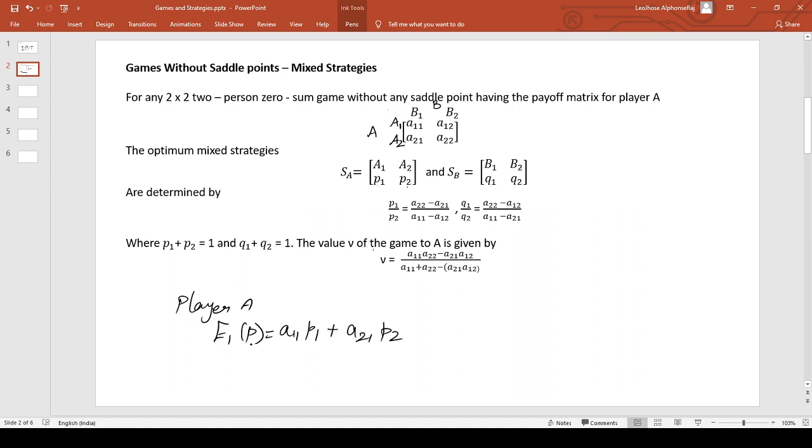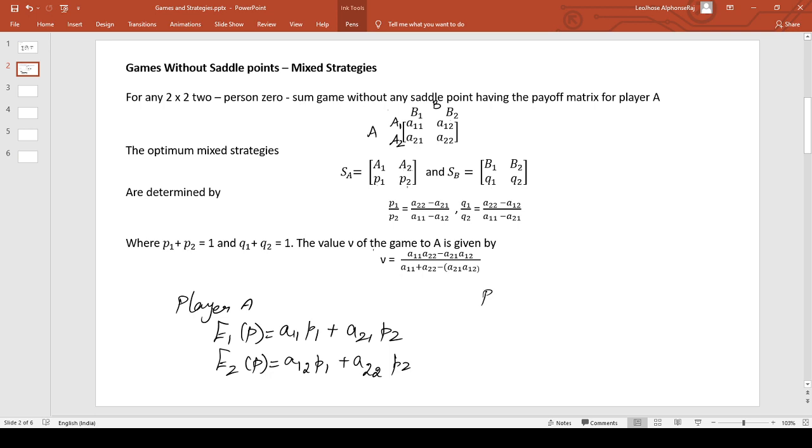This is E1 of P. Similarly, E2 of P, if player B uses the B2 strategy, is given by A12 P1 plus A22 P2.